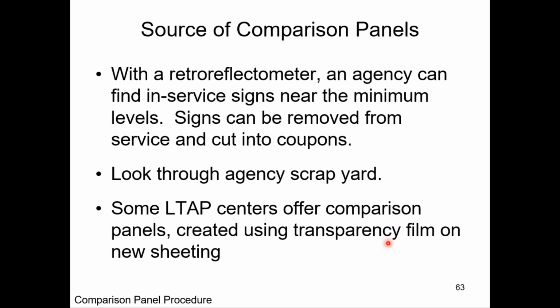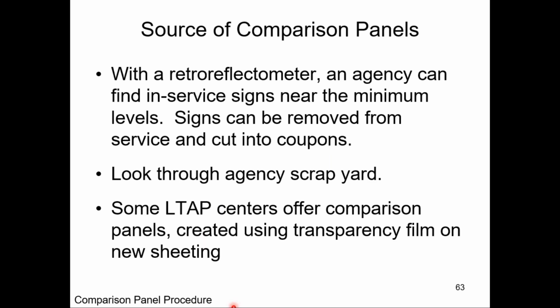Some LTAP centers offer comparison panels created using transparency film on new sheeting, and I have to give David Orr at the New York LTAP credit for coming up with this. Some of you may remember that in the old days before PowerPoint, people would put the presentation on clear transparency film and project it using an overhead projector.